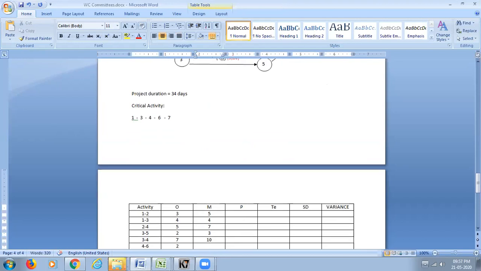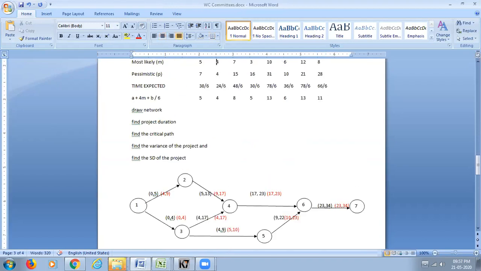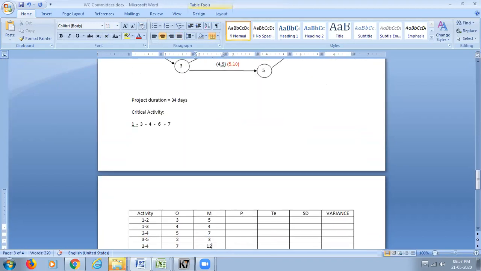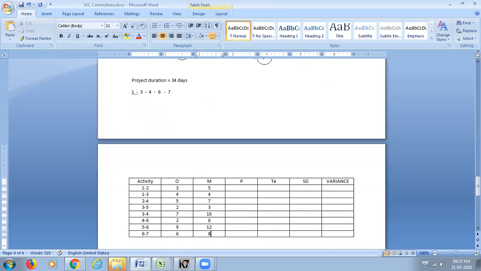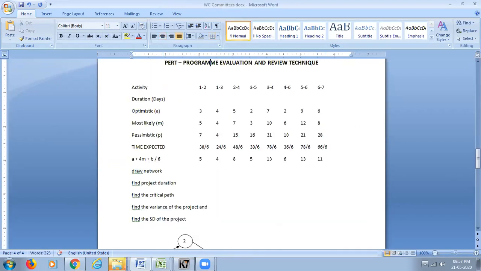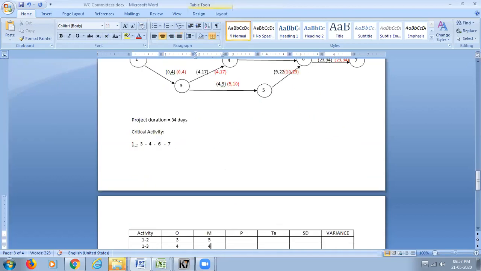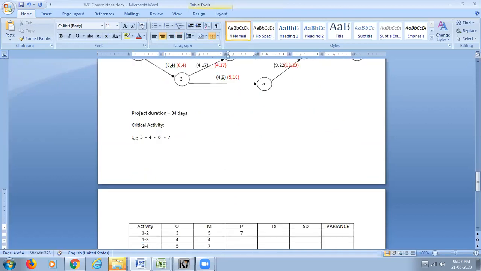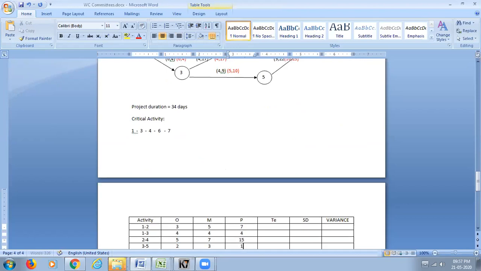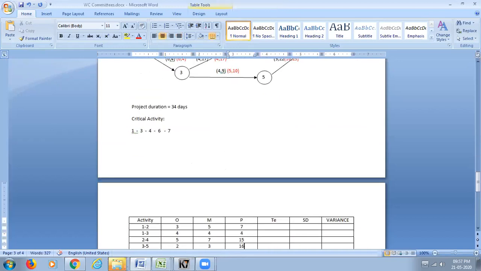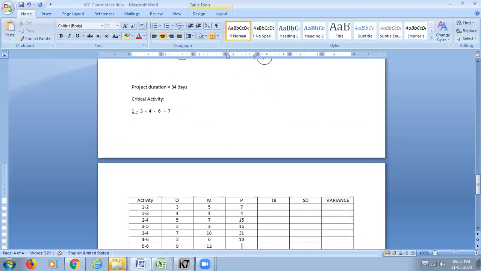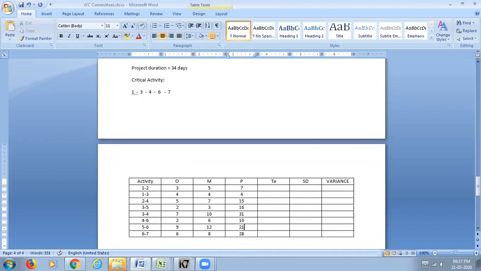These are taken from the problem. The pessimistic time is 7, 4, 15, 16, 31, 10, 21, 28.